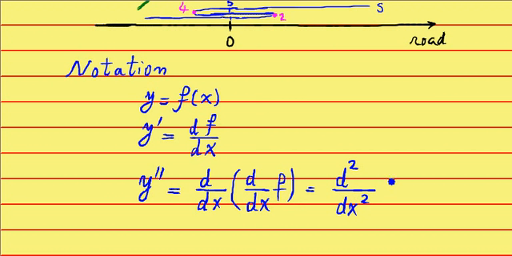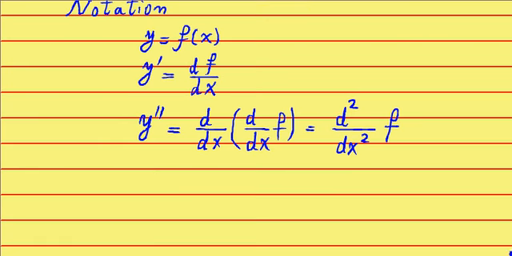It's written as d squared over dx squared of f. That's the Leibniz notation. Here is the third one, triple prime of y. We have to take a derivative of this one more round, and the way we are going to write it is d cubed over dx cubed of f, and so on.